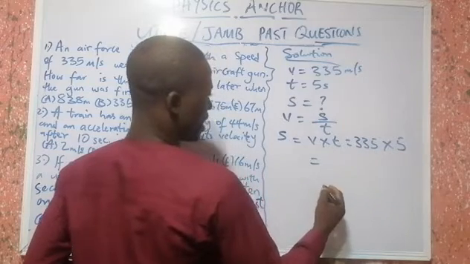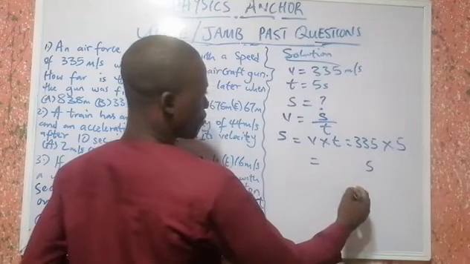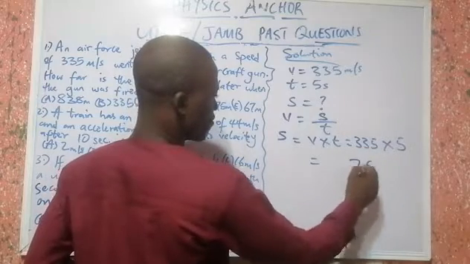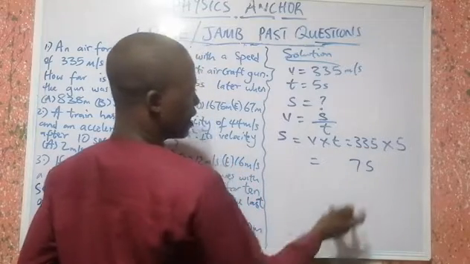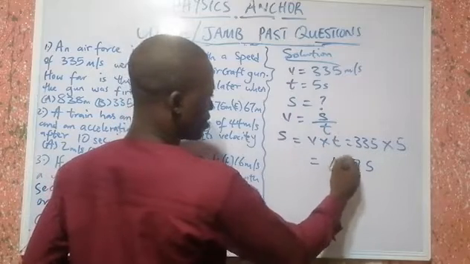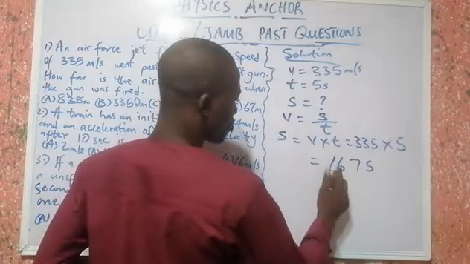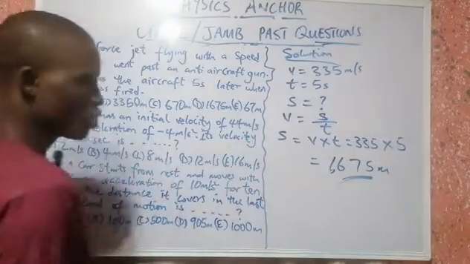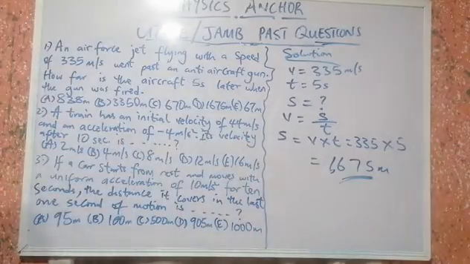Okay, so let's multiply that. 5 times 5 is 25, write 5 carry 2. 5 times 3 is 15, plus 2 is 17. Okay, remainder 1. 5 times 3 is 15, plus 1 is 16. That will be 1,675 meters. So let's check what we have as the options.